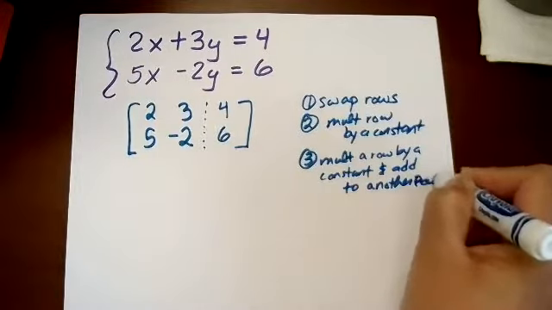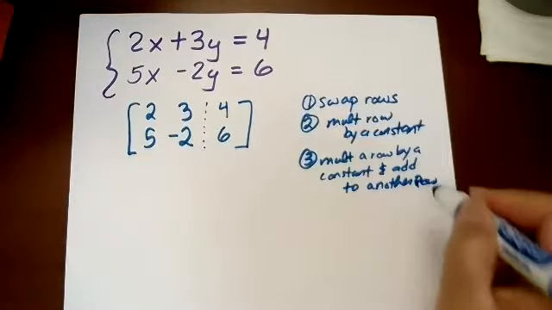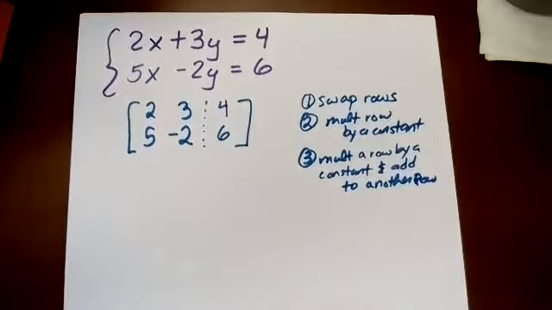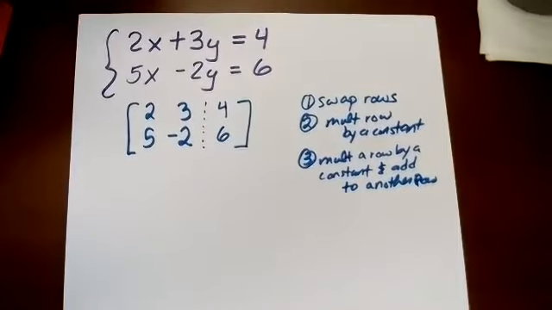When we do that, we're not really multiplying the row by a constant. We're kind of pretending we are, and then adding it to the row we want it added to.